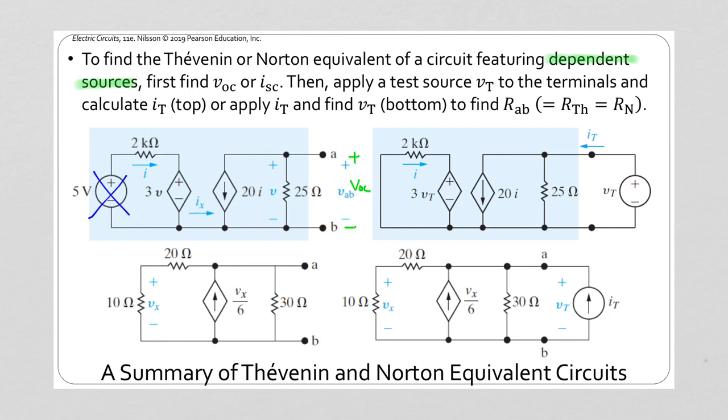We would deactivate that voltage source and turn it into a wire. And then we would have to apply a test voltage here, and we would want to measure the test current, and we could use the ratio of those to find the equivalent Thévenin resistance of this circuit. Similarly, we could also apply a test current source and measure the voltage to find the equivalent Norton resistance of that circuit.